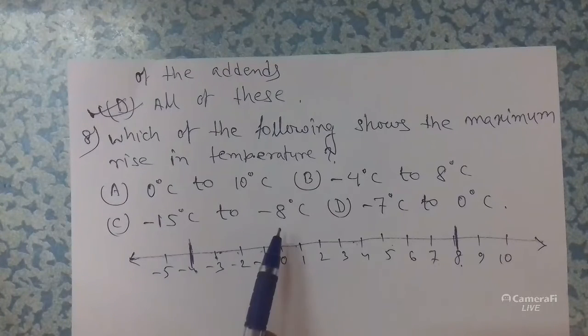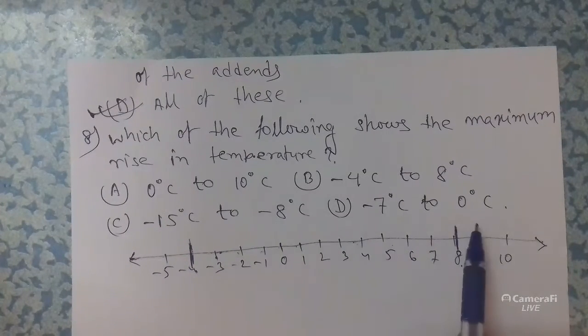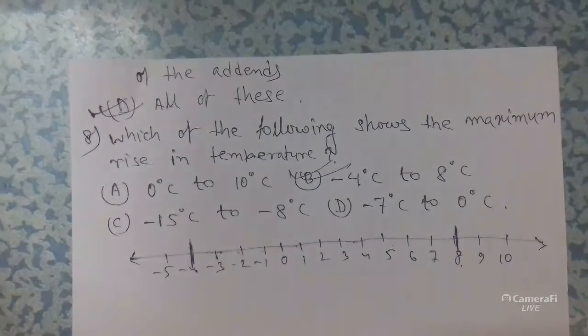And then minus 50 to minus 8 is 7, and minus 7 to 0 is also 7. So option B shows the maximum rise in temperature.